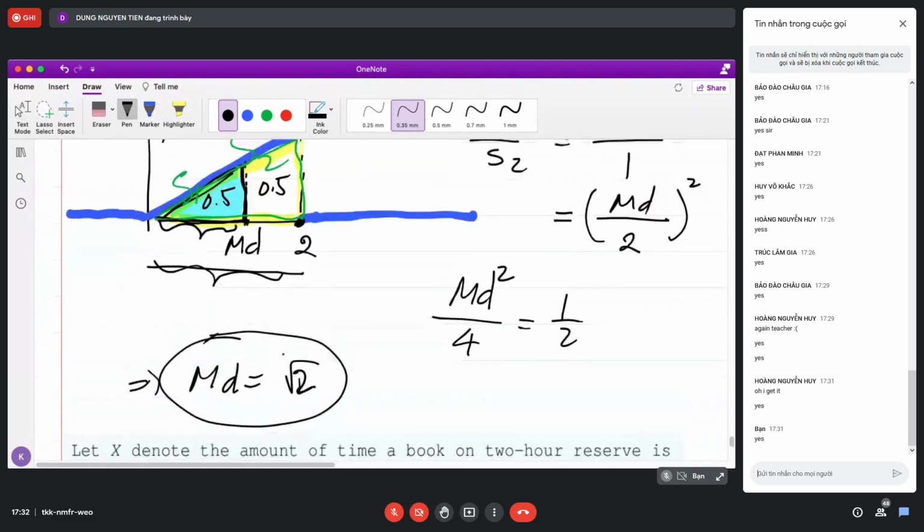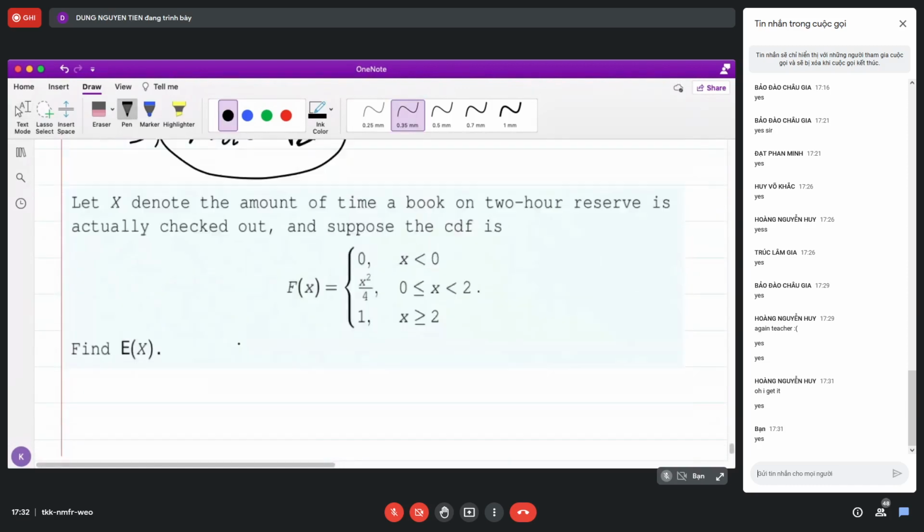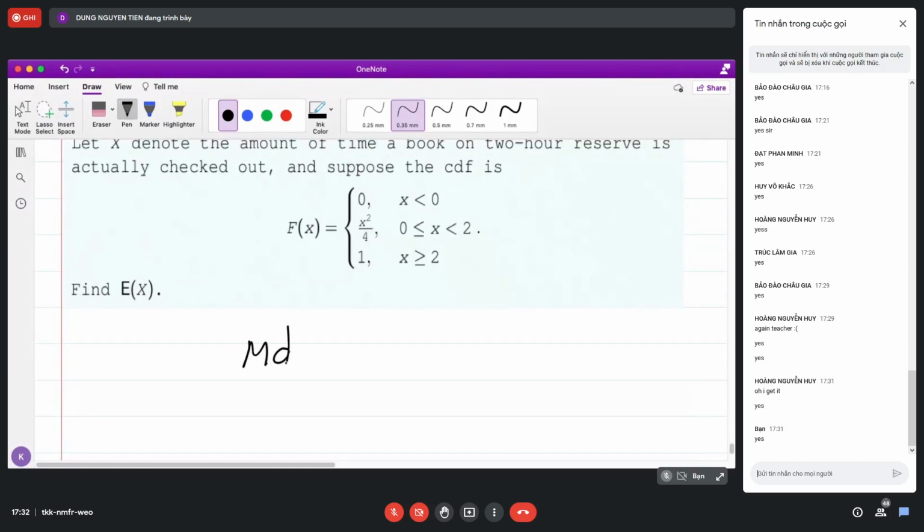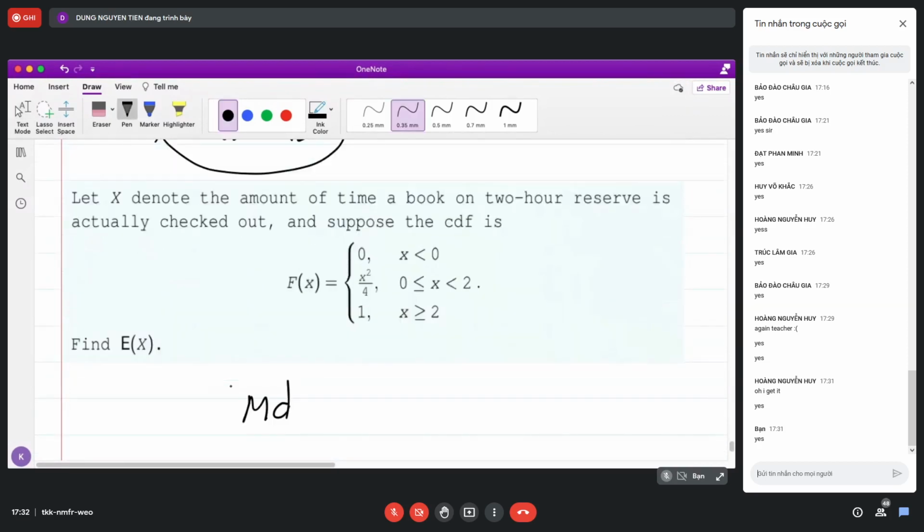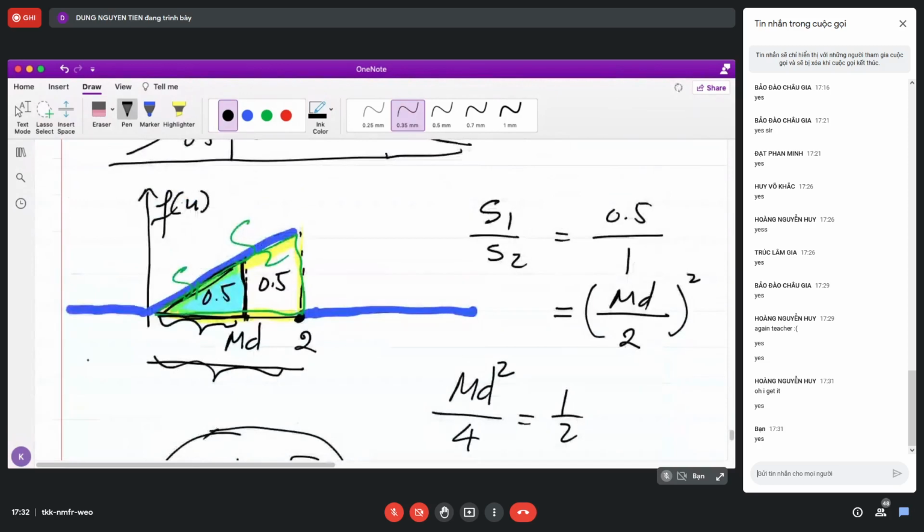Well, the median is simply the point such that the area from the leftmost to that point is 1/2.